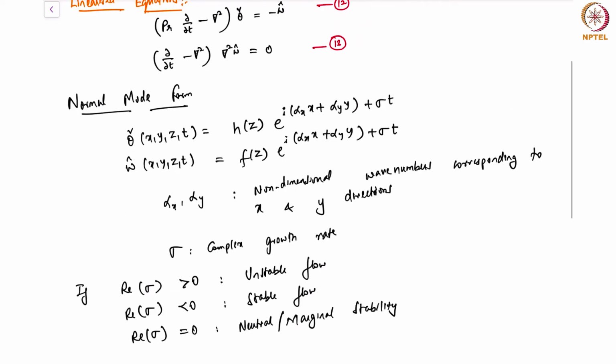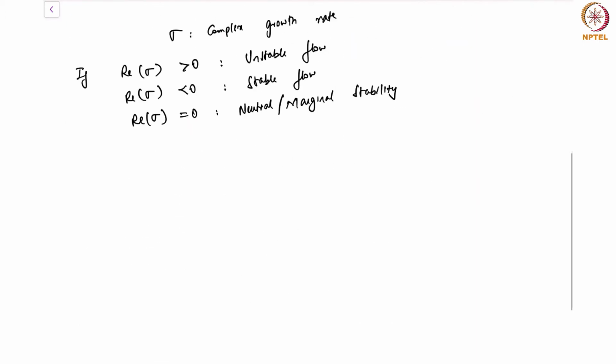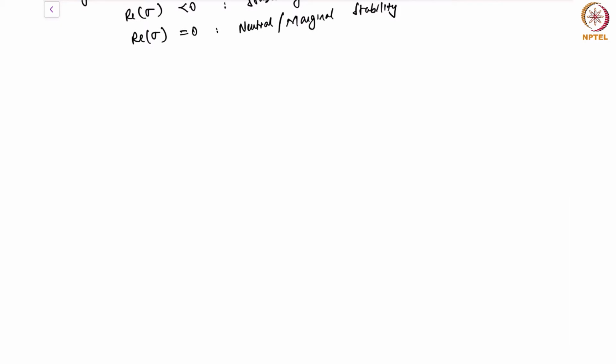Now we want to substitute this normal mode form, which we'll call equation number 14, into equations 12 and 13. So before we do this direct substitution, let's evaluate a few terms in, let's say, equation 12. We have a term like del by del t of theta hat.